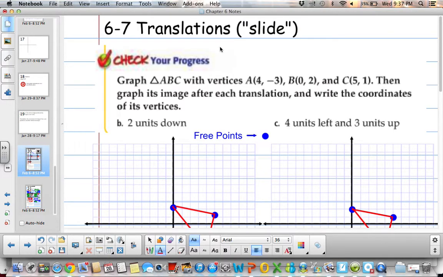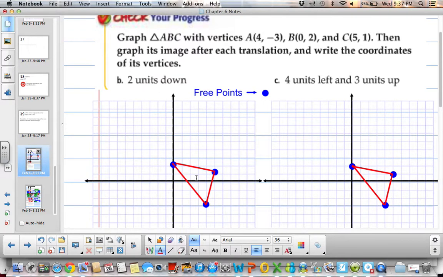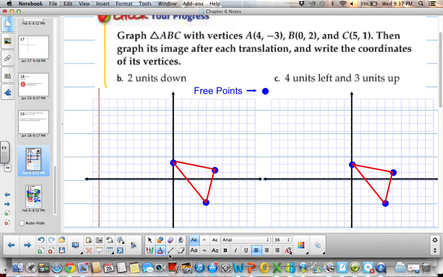Translations, thinking as sliding. So if we have triangle ABC and the vertices are A, which is 4, -3. So let's write this. This is A. And then we have B, which is 0, 2. And C, which is 5, 1.